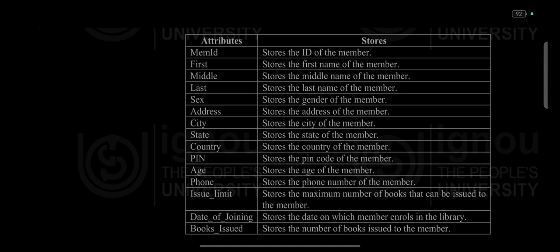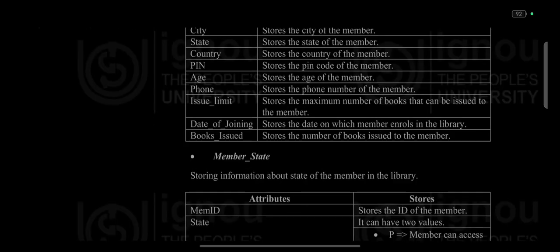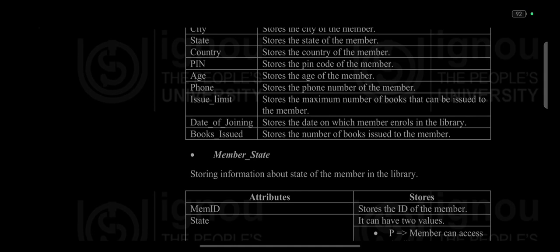Member_details. It stores the information about members of the library. Then come the attributes. Mem ID stores the ID of the member. First stores the first name of the member. Middle stores the middle name of the member. Last stores the last name of the member. Sex stores the gender of the member. Address stores the address of the member. City stores the city of the member.